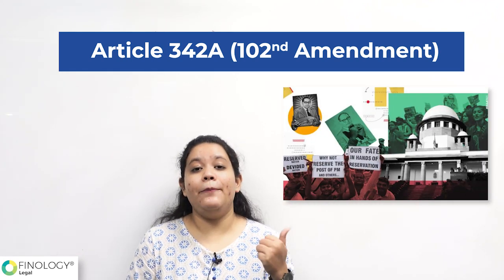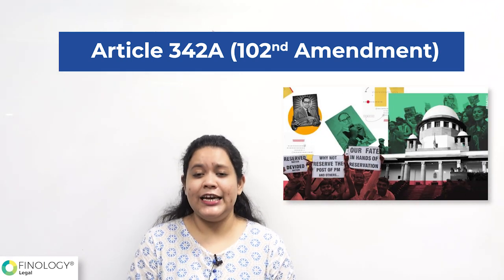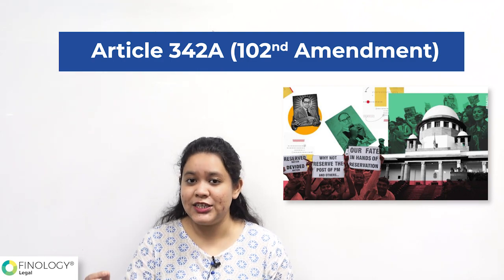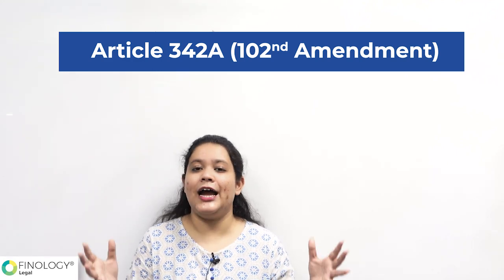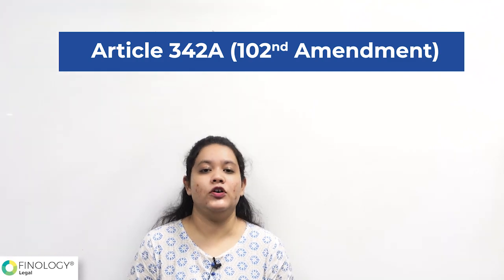Due to this, a protest was held, with the state governments alleging that the amendment has taken away their power by giving it to the central government and the President to determine which classes and communities are to be included in the OBC list.